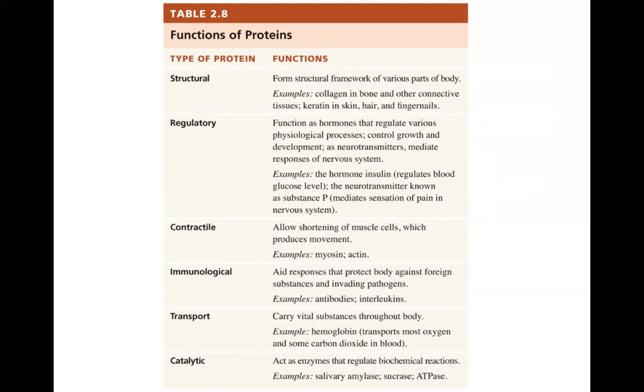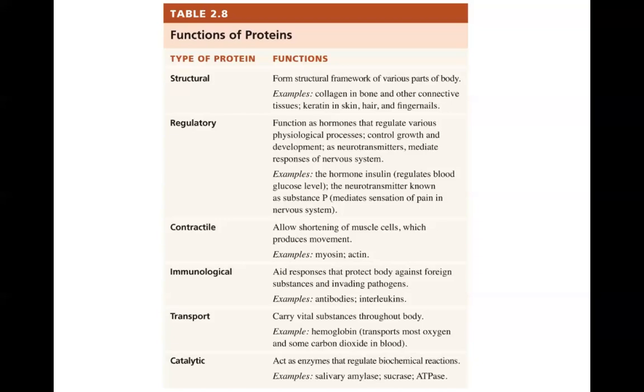Two major proteins, myosin and actin, are contractile. They allow our muscles to shorten, producing movement. And we'll talk about myosin and actin quite a bit when we get to our muscle lecture here in about a month. Our proteins can function for immunity, like our antibodies that are produced to fight off things like the coronavirus.